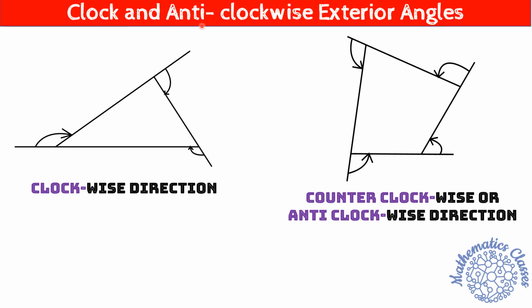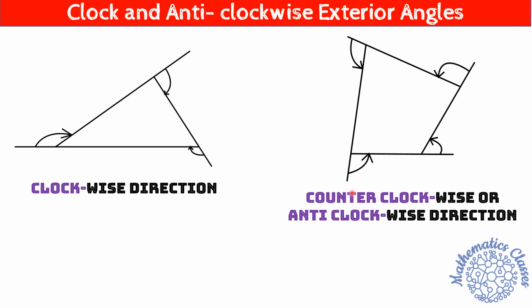There are two ways to measure the exterior angles. Here, in the triangle, all the exterior angles are measured in the clockwise direction, whereas in the quadrilateral, it is in the counterclockwise or anti-clockwise direction.